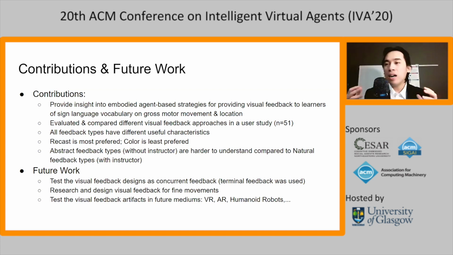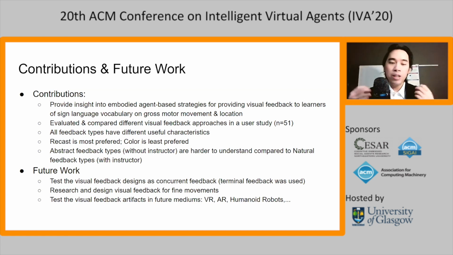Some of the future research avenues are: we need to test the visual feedback designs as concurrent feedback, because terminal feedback was used in our study and we haven't tested concurrent feedback. We need to research and design visual feedback for finger movements.